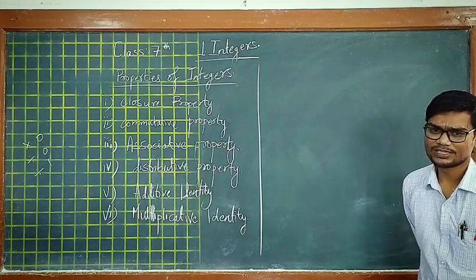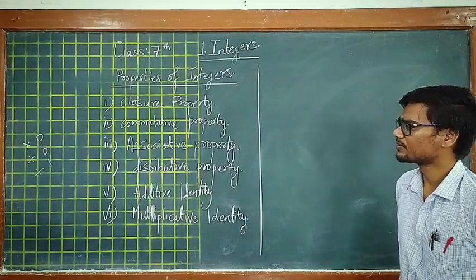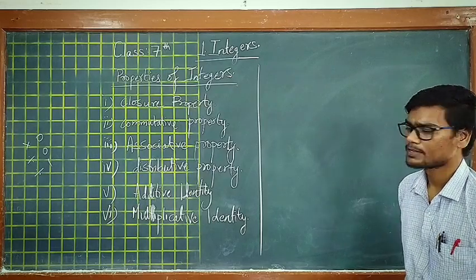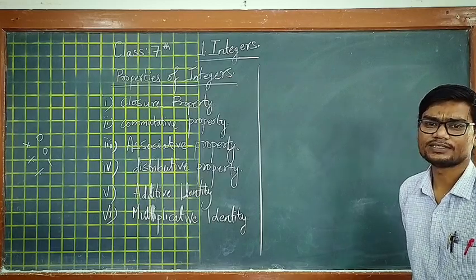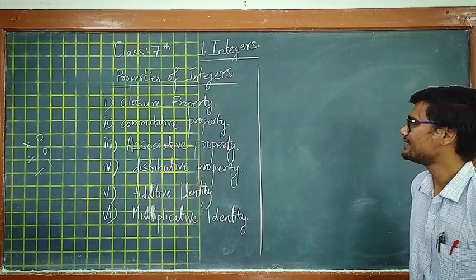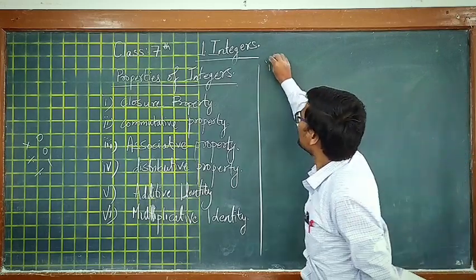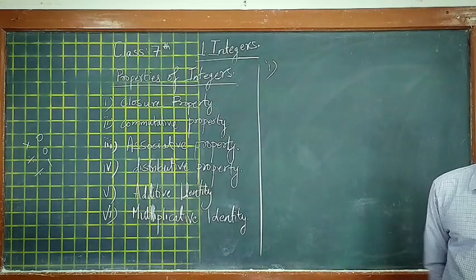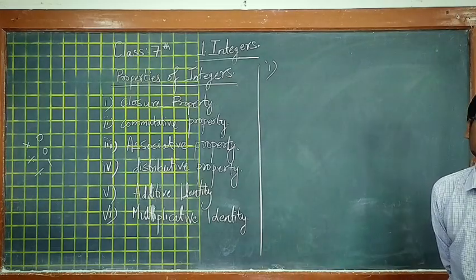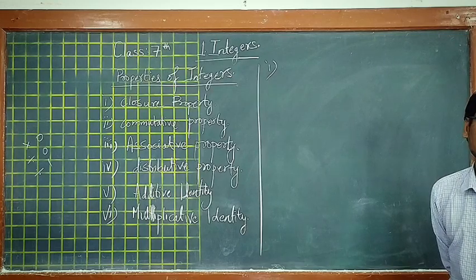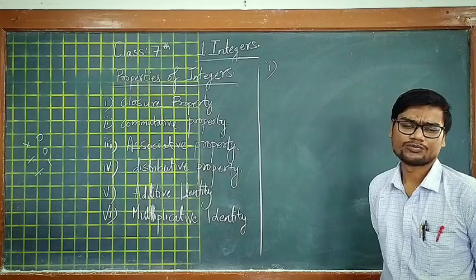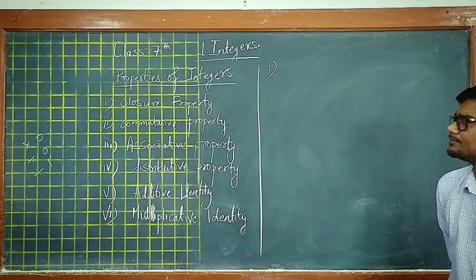First we will check whether addition of integers is closed. We will take two integers and add them, and look at the sum. If it is an integer, we will say that addition is closed for integers.